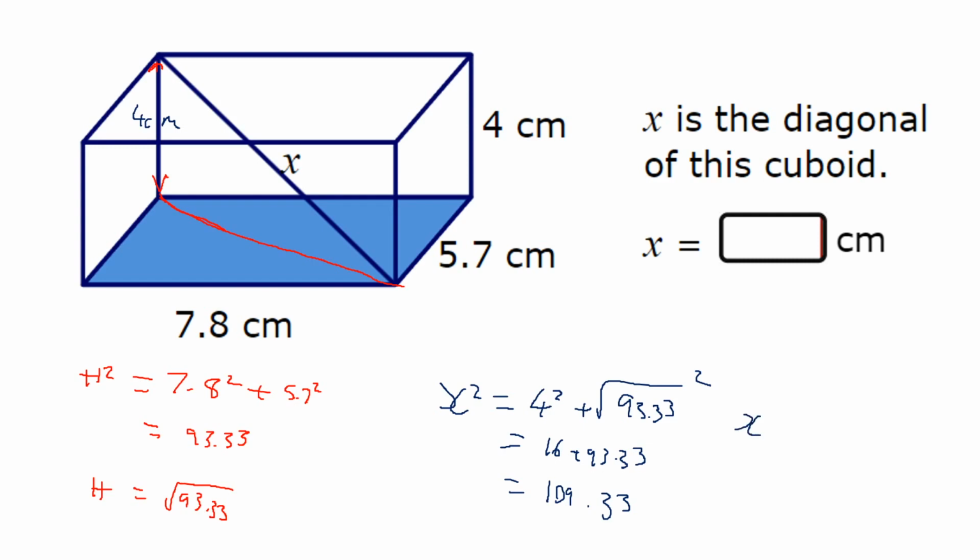So then x is equal to the square root of 109.33, which is equal to 10.45. Sorry, 10.46.